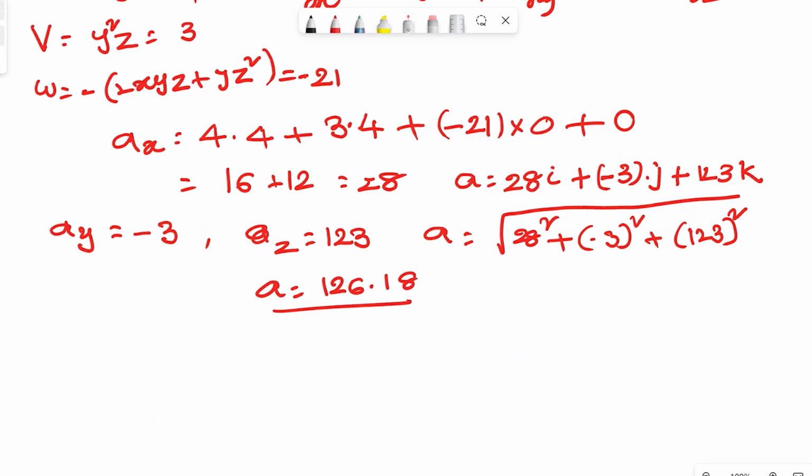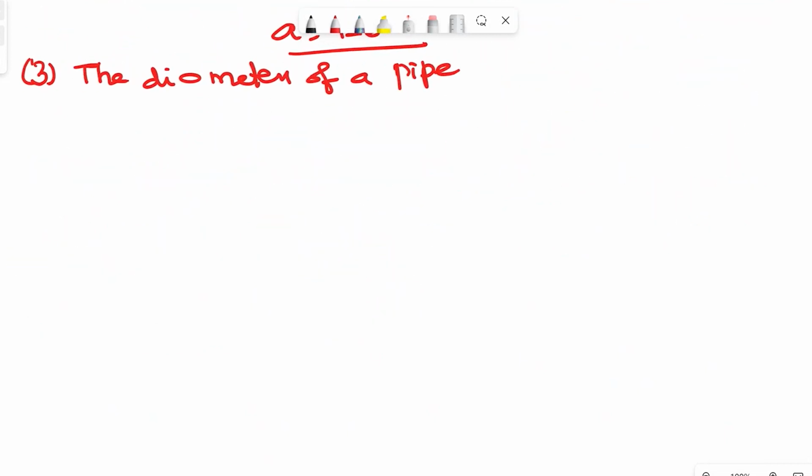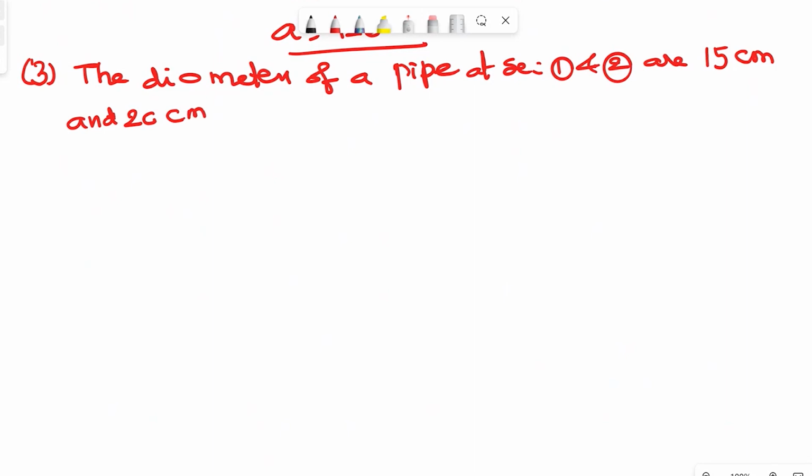So the next problem, the third problem, is: the diameters of a pipe at sections 1 and 2 are 15 centimeters and 20 centimeters respectively.